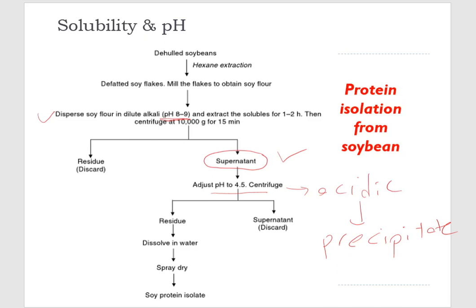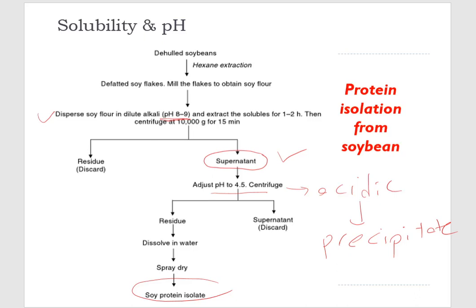Because they have an improved solubility in alkali solutions, but decreased solubility in acidic solutions. Then it's centrifuged again, and the soy protein isolate here is obtained by spray drying. Okay, so the pH solubility relationship is important. By knowing that, many processes can be designed in the food industry.